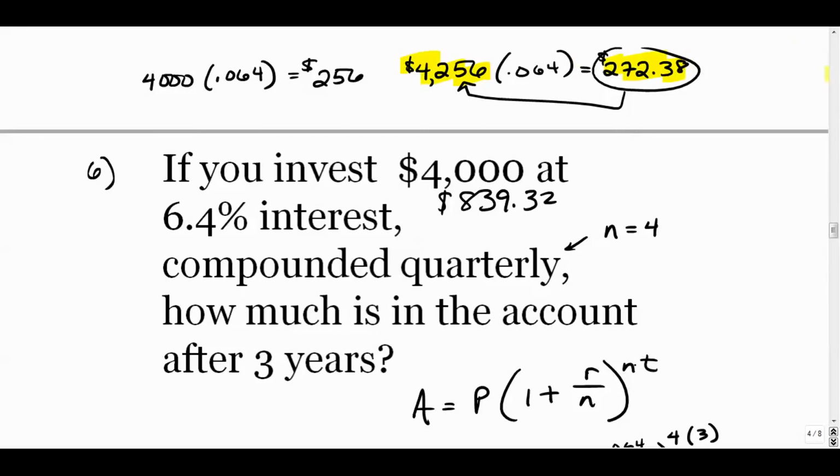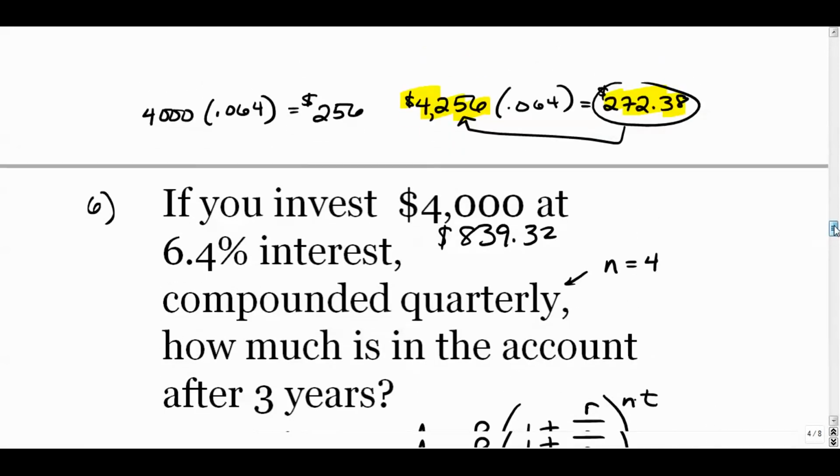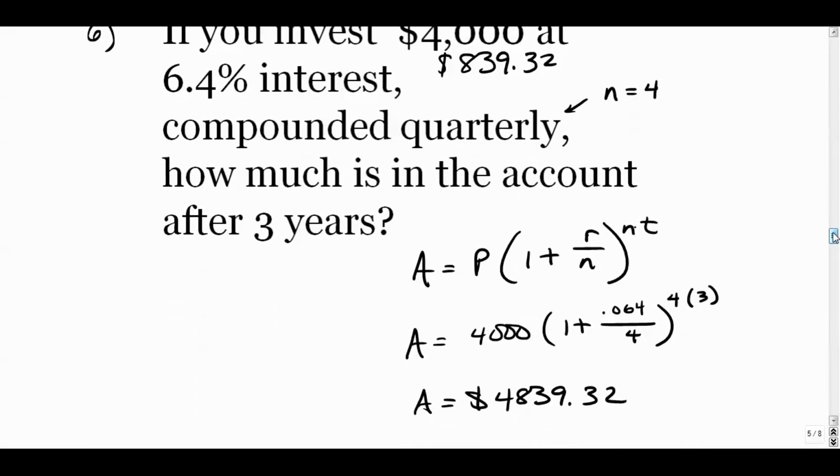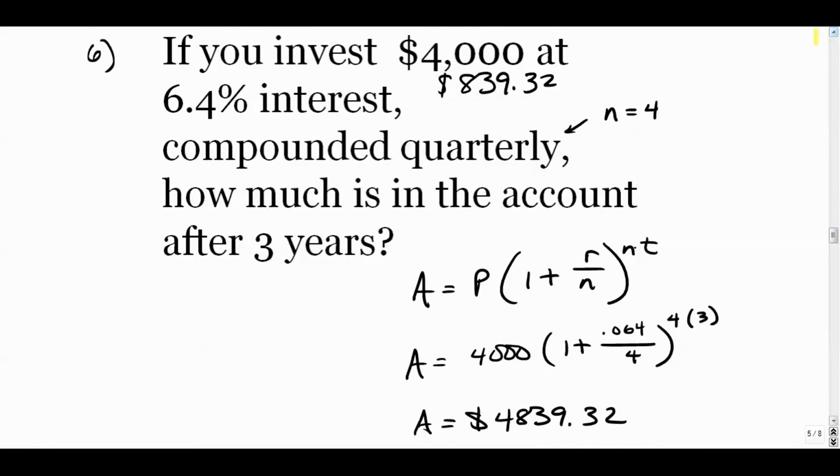In simple interest, the interest is constantly being attached to the principal only. So it's to your advantage for your investment to be compounded as much as possible. If it can be compounded yearly, that's great. That's better than simple. But if you compound quarterly, that means you're compounding 4 times a year. Over a 3-year period, you're compounding 12 times. If you compound monthly, that's even better.